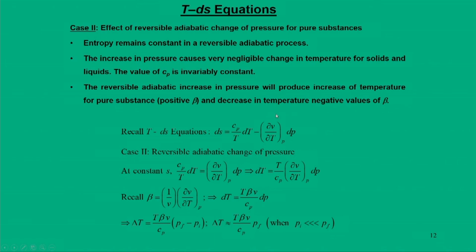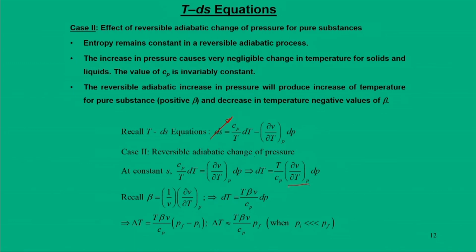Here also we recall the same equation, dS is equal to Cp by T dT minus (∂V/∂T) at constant P into dP. Now, when I say adiabatic change of pressure, the change in entropy, dS, is 0. So, from this expression we get dT is equal to T by Cp times (∂V/∂T) at constant P into dP.